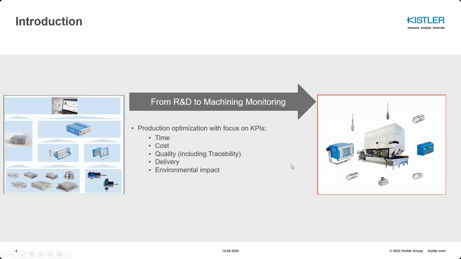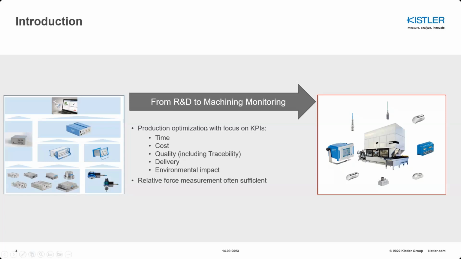If you look at production monitoring, of course, the focus is on key performance indicators, right? That is time, cost, quality, and that also includes traceability, delivery, and environmental impact. Those are the core KPI values that have been used especially in lean manufacturing by many of you if you are also producing parts with machining.